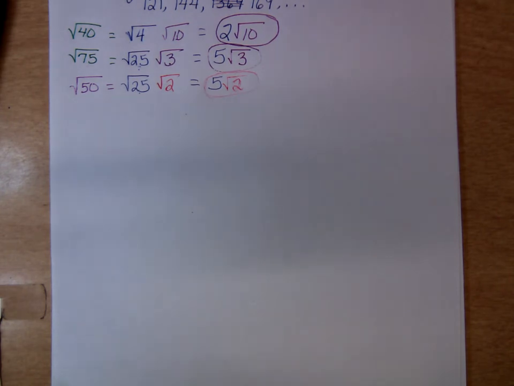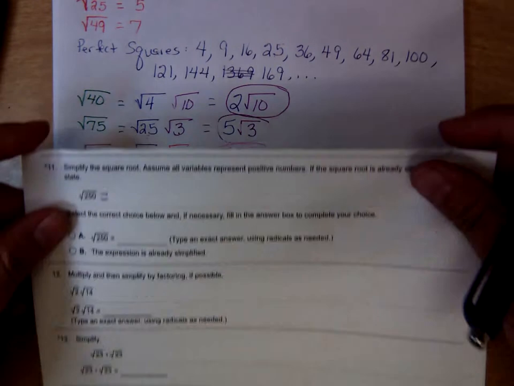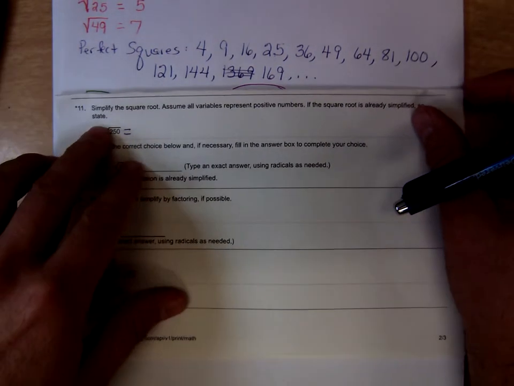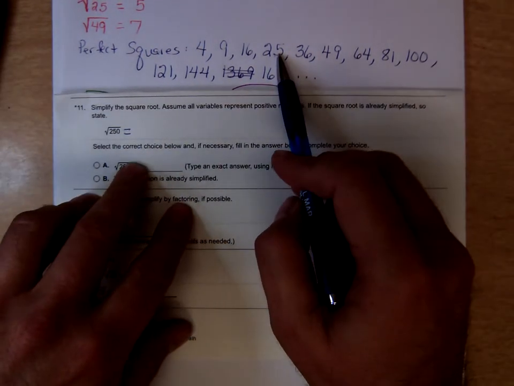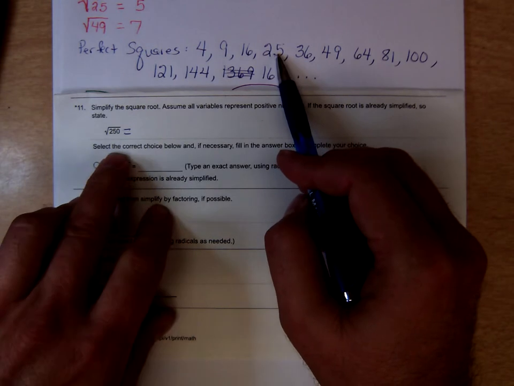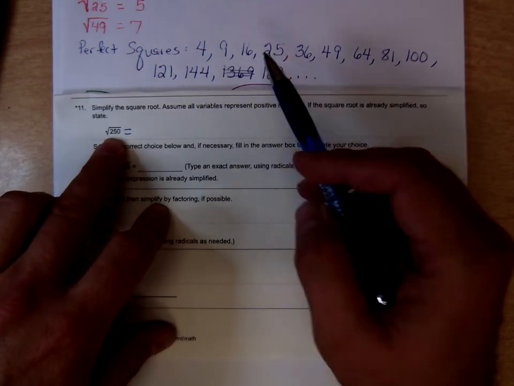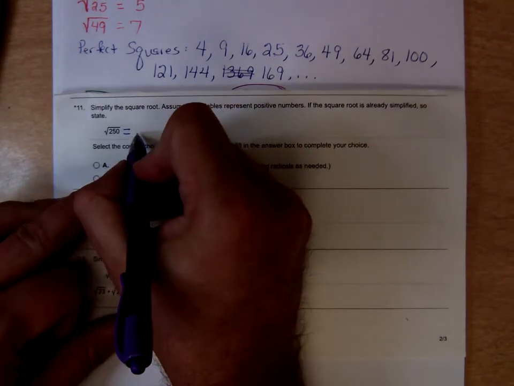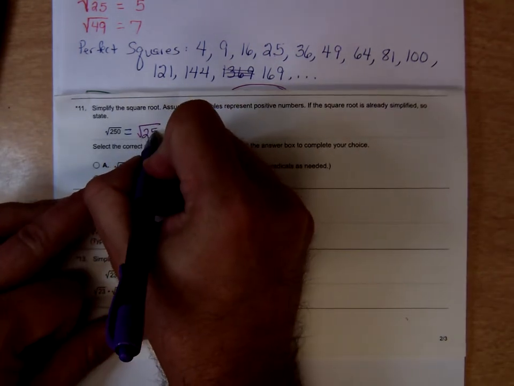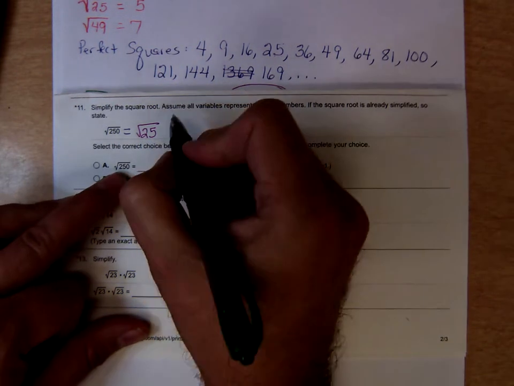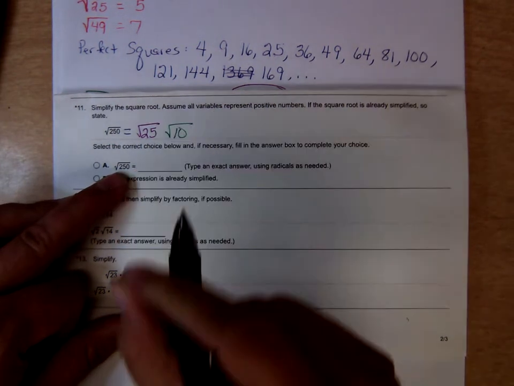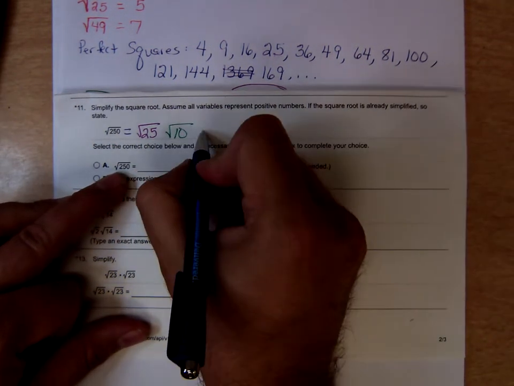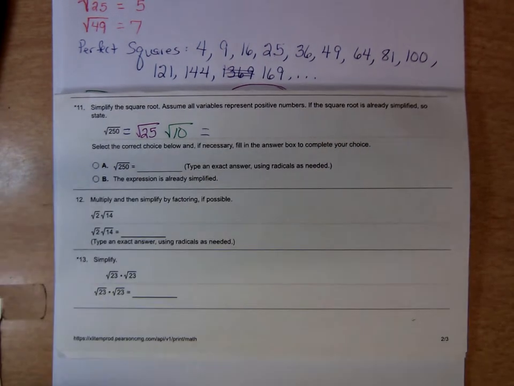If you look at these perfect squares, probably you can pretty quickly figure out 25. 250 divided by 25. If you want to punch it into your calculator, okay, I think I'll just write it as 25 times 10. Hopefully you'll trust me on this. 25 times 10 is 250, and there's no bigger perfect square.